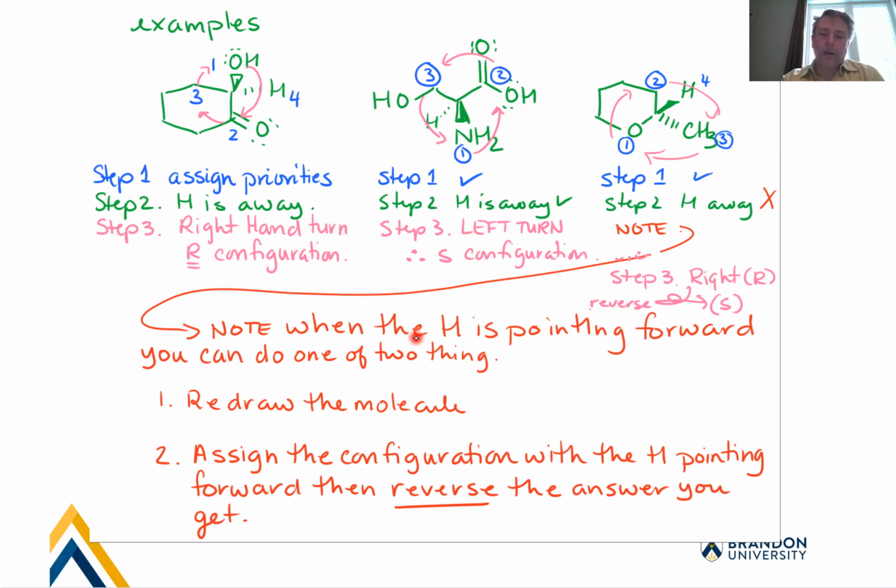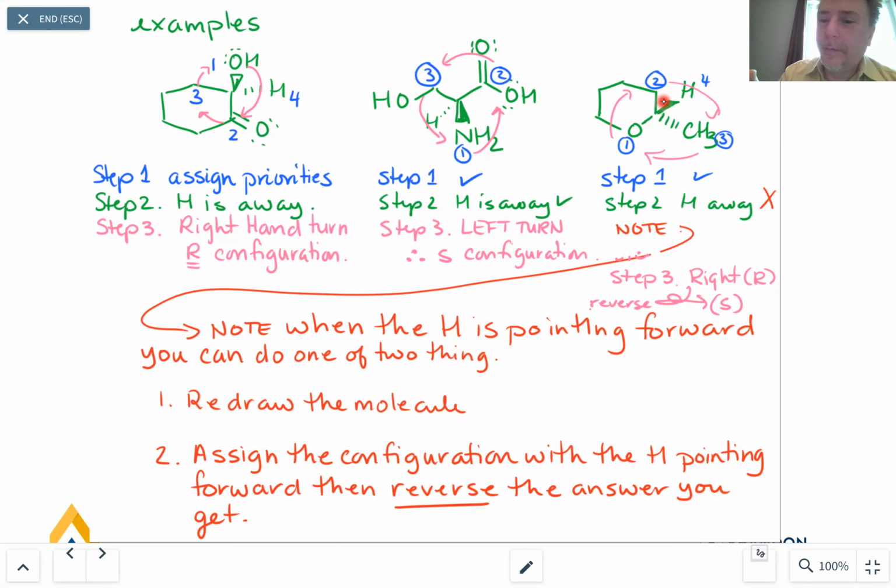Now, what happens when we've drawn something and the proton's pointing towards you? There's 2 things you can do. You can draw the enantiomer and you can try to redraw this in a different perspective.